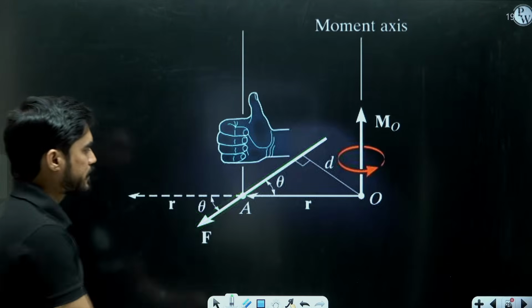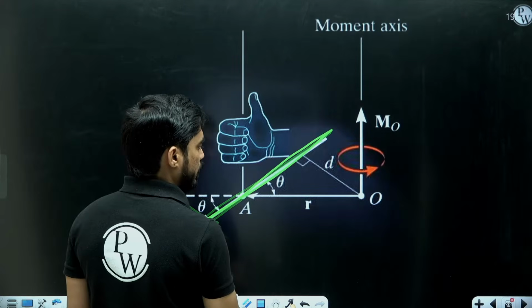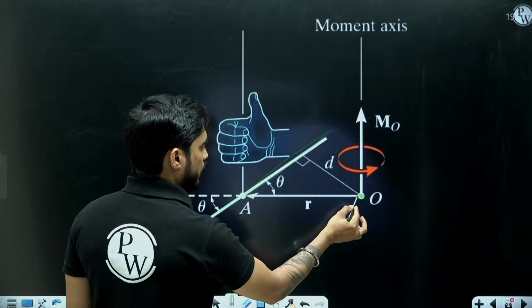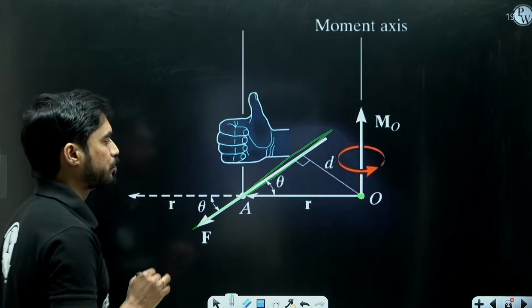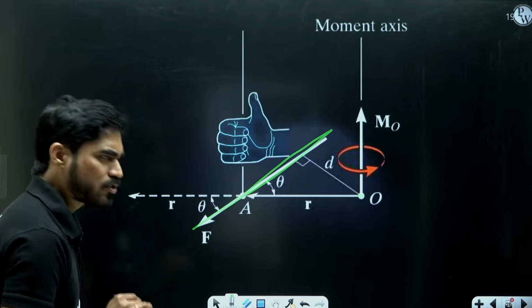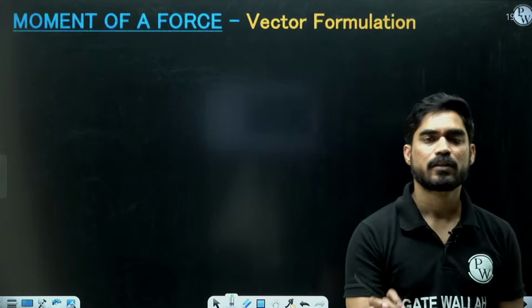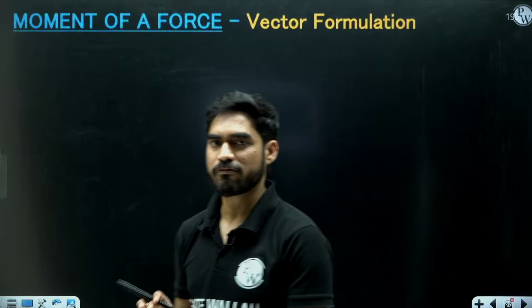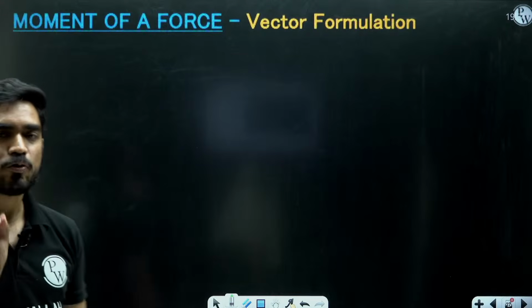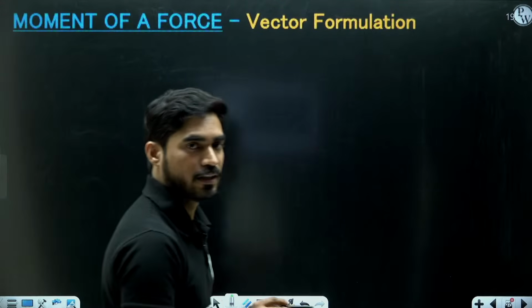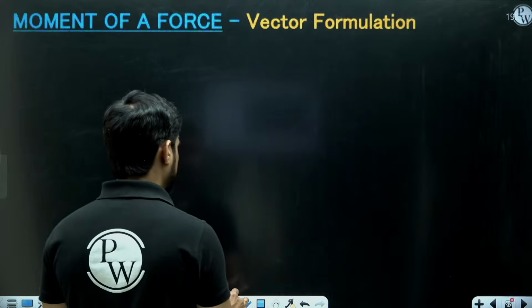And this force F is at a distance from point O. Now in case of vectors, in order to denote the position of a vector from some origin, we use position vectors. Now what do we mean by position vectors? Understand it.